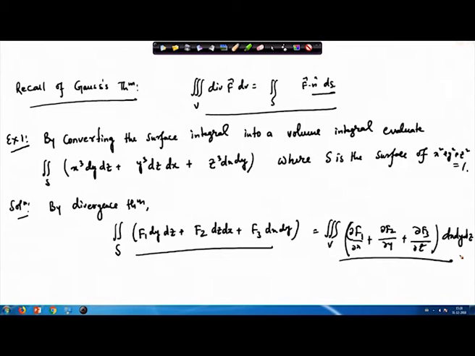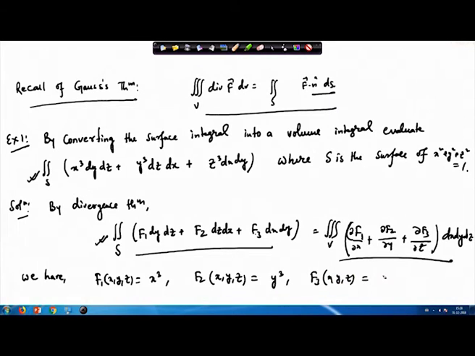This is the required form in terms of Cartesian coordinates x, y and z. Now we can compare the surface integral here and the one given. If we compare these 2 forms, then f1 is x cube, f2 is y cube and f3 is z cube, where V is the volume enclosed by the surface S. So we have f1(x, y, z) as x cube, f2(x, y, z) as y cube, and f3(x, y, z) as z cube.